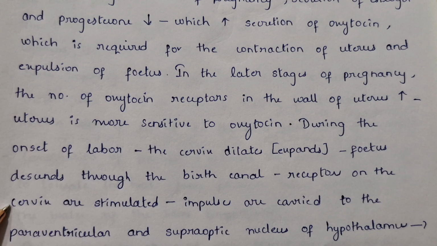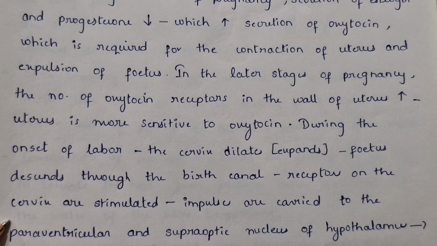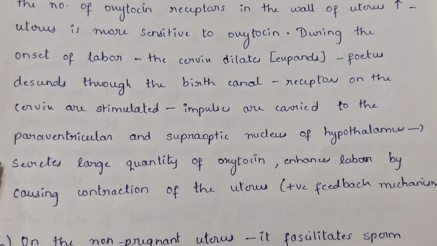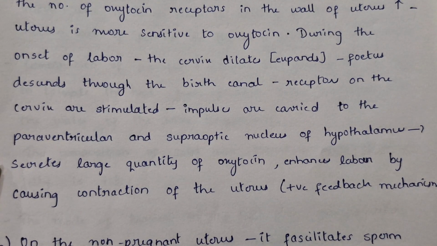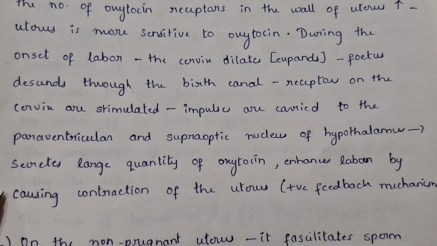The impulses are carried to the paraventricular and the supraoptic nucleus of the hypothalamus, which further secretes a large quantity of oxytocin, enhancing labor by causing contraction of the uterus, which is a positive feedback mechanism.